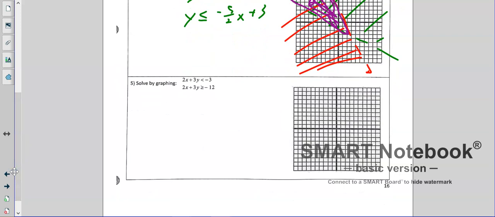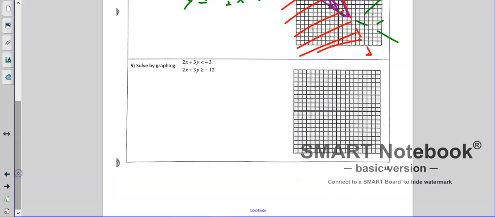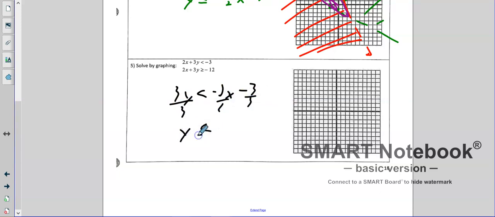And this last one, again, cover-up method will not work well on the first one. So I'm going to get 3y is less than negative 2x minus 3, and then divide by 3. Y is less than negative 2/3 x minus 1. So minus 1 is my y-intercept.